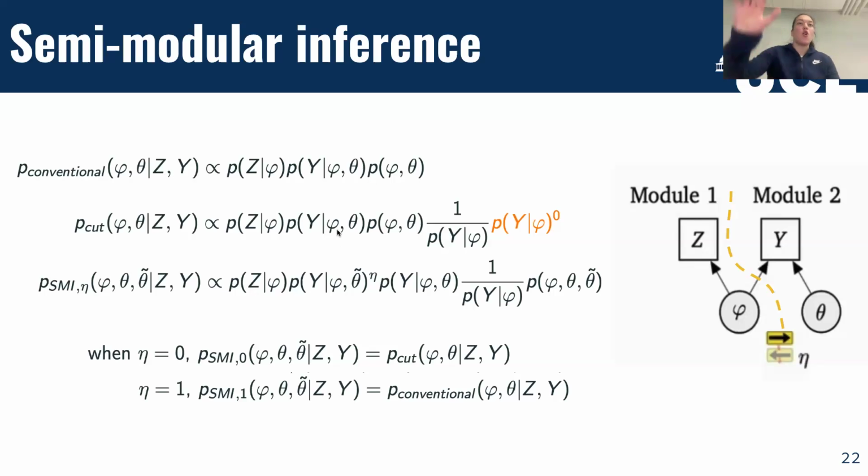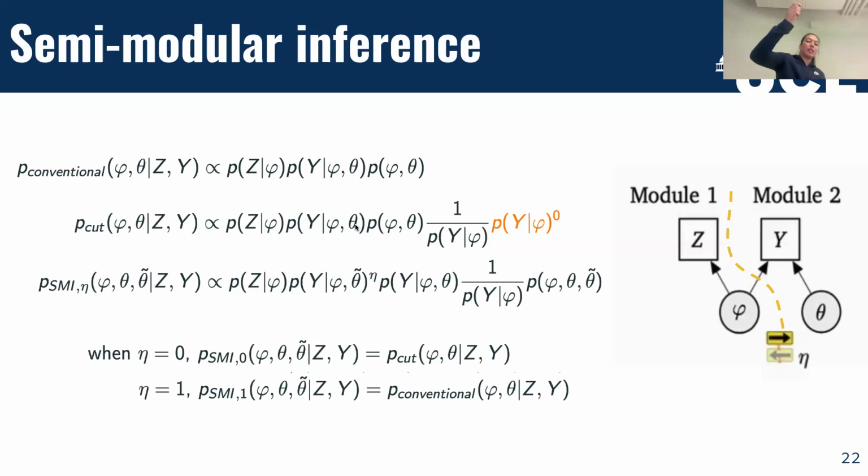I've written them all in the same form, so it's very easy to see what would happen: the conventional, the cut posterior, and the semi-modular inference posterior, where again, eta is between 0 and 1. So let's take a look at what happens in the scenario of eta equal to 0. I've given it here as an extra term, which is just 1, but just to show it. So essentially we can see all these are the same.